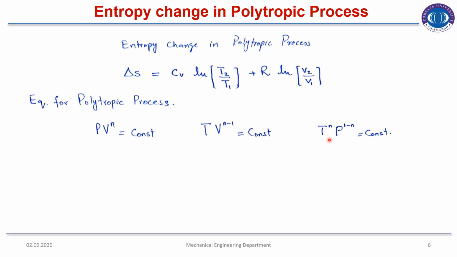And the third relation is T^n P^(1-n) equals constant.